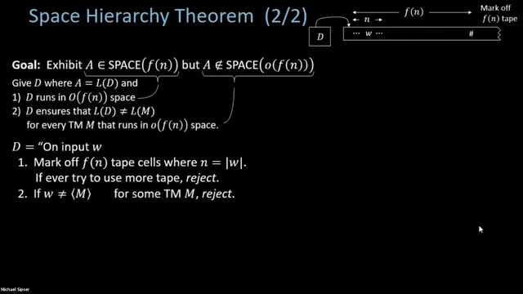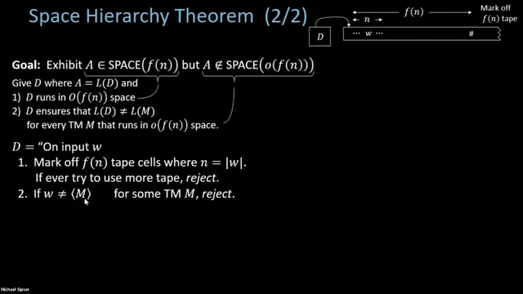Okay, now we're going to start getting into the meat here. What we want to think of W as is a description of a machine that's going to run on W. So this goes back to when we talked about diagonalization, so don't get thrown off by this. We're going to think of W not only as the input to D, but also as the description of a machine.